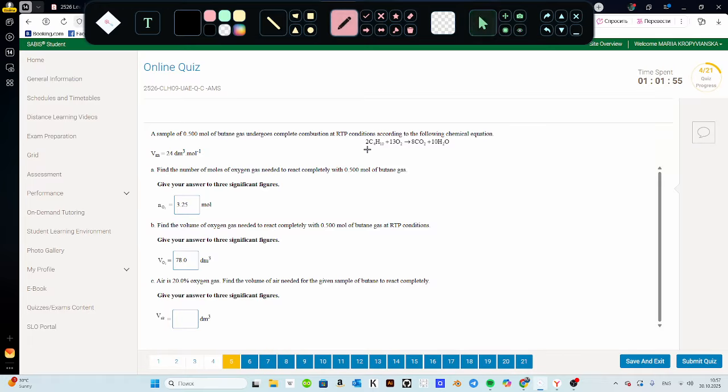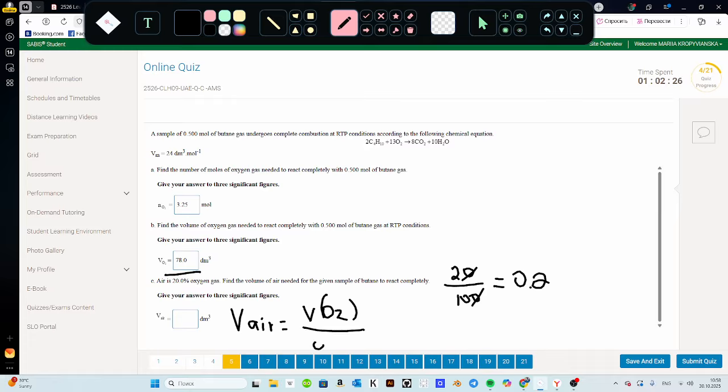Now, we have percentage. As we know, in this case, percent is 20 over 100, because that's how percent is calculated. Cross out the zeros, we're left with 0.2. So forget about the 20% of oxygen gas over there. You have the 0.2. That's what you're going to be using. To find the volume of air, we can use the volume of oxygen, which we found just over here, over the percentage, so over 0.2.